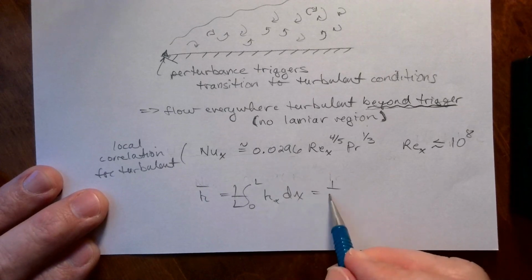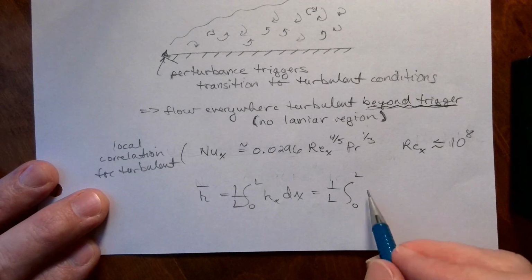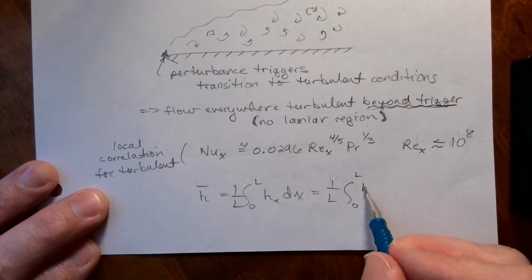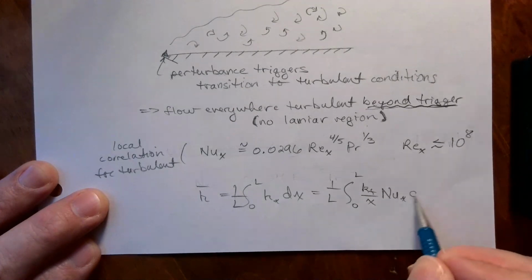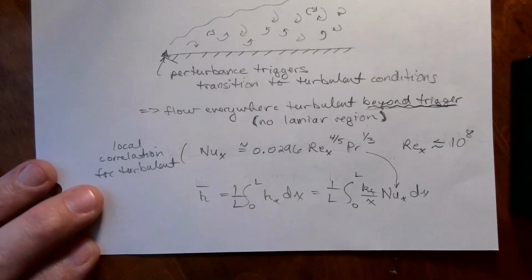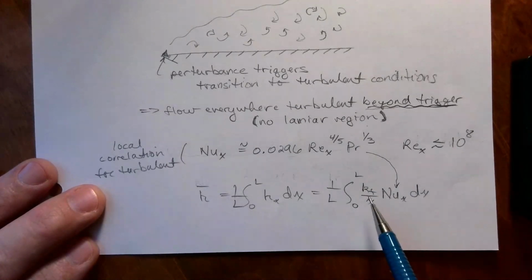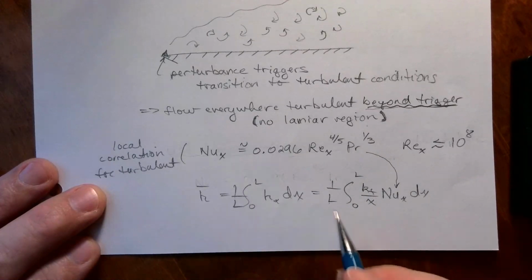So that's 1 over L, integral from 0 to L for that h. That h would be k fluid over x times the Nusselt number based on x. So you're going to take that correlation and put it right there, and then evaluate that integral. And then you can take that k_f and that L back to the other side of the equation.